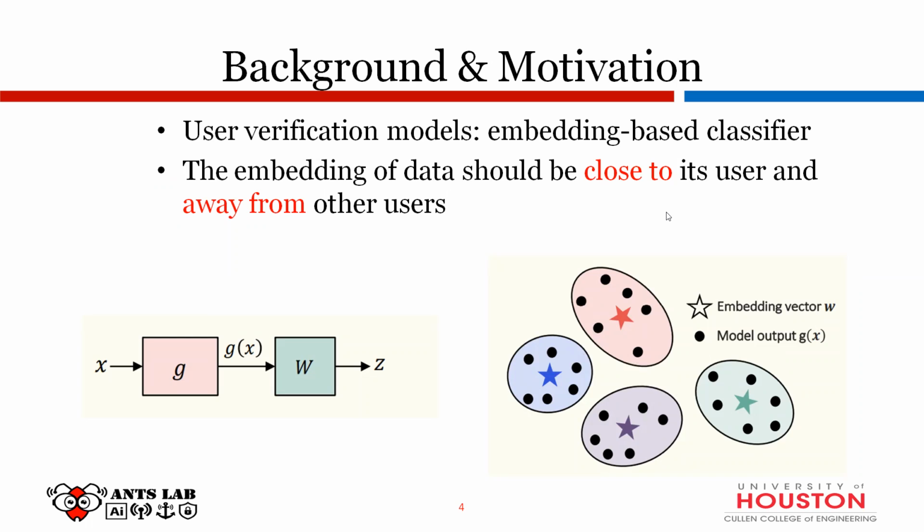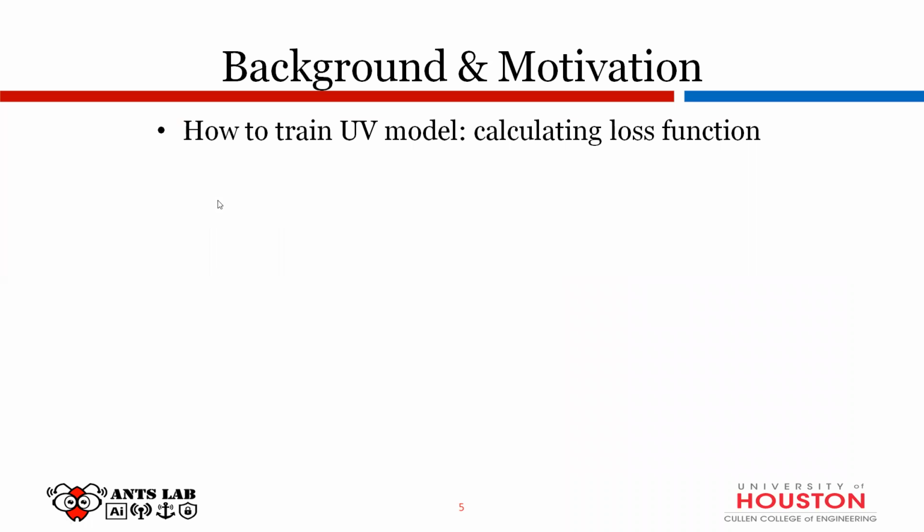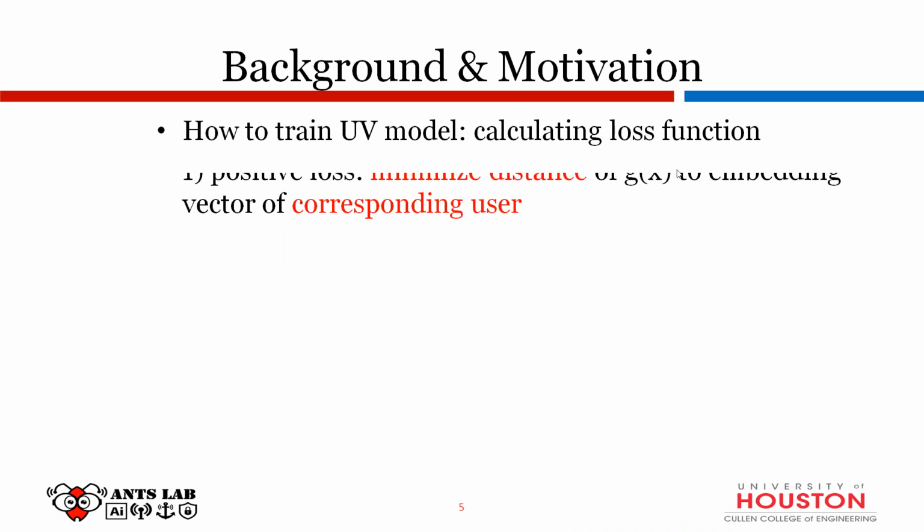From this simple example, we can see that in order to train these user verification models in a machine learning setting, we need 2 things at a time. The first thing we have to ask is how we train those user verification models, which is calculating the loss function.